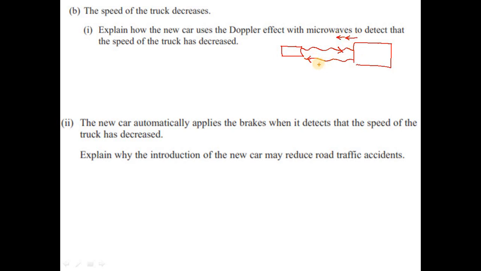That means the wavelength of the received microwave will be decreased. That means the wavelength that the car is sending and the wavelength the car is receiving will be different. So there will be a change in wavelength, and this change in wavelength can be used to figure out the new speed of the truck.